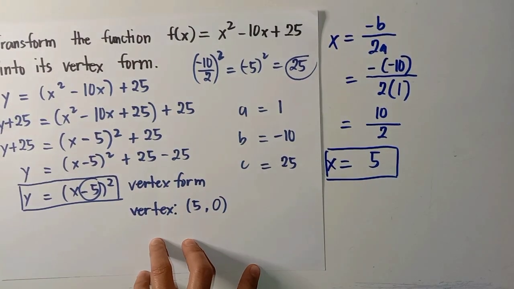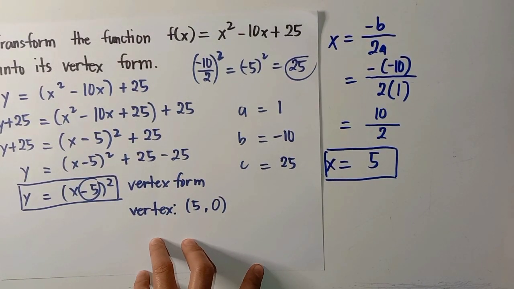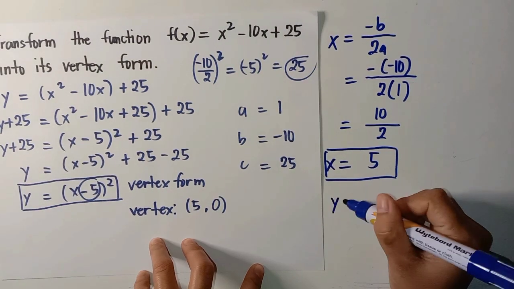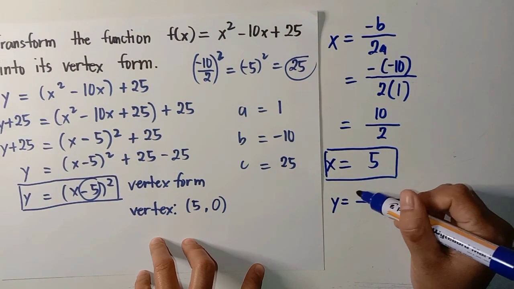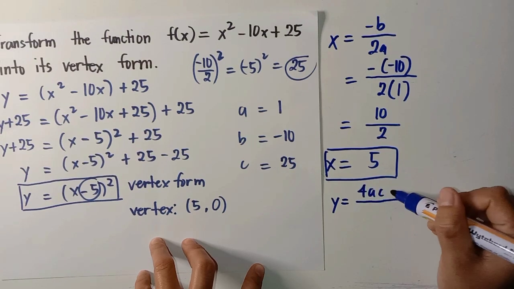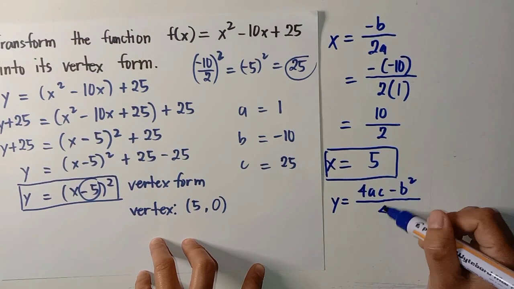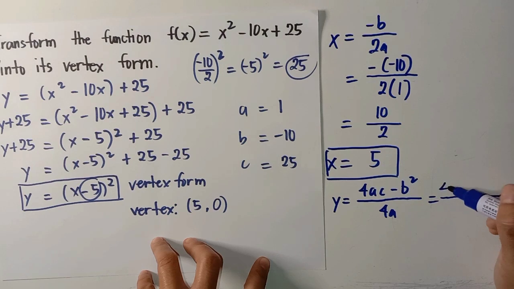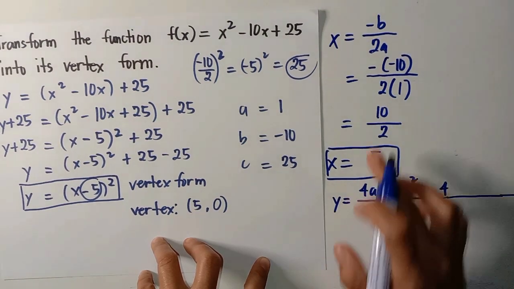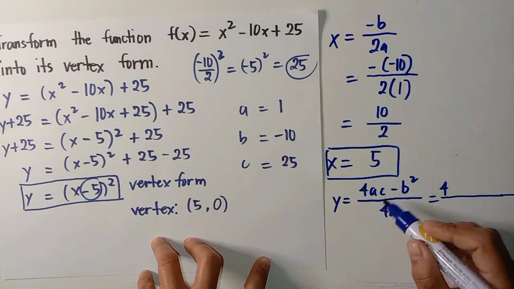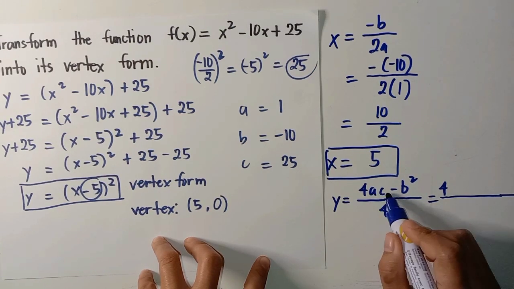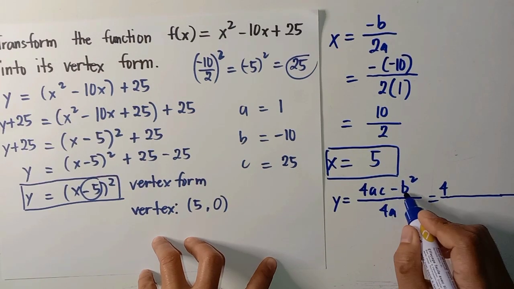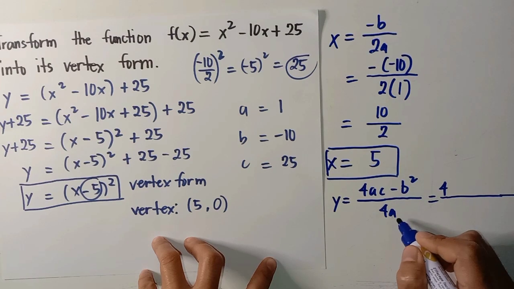What about the Y? So for our Y, this formula: 4AC minus B squared over 4A. Just like the X, we will replace A, C, and B. Okay?